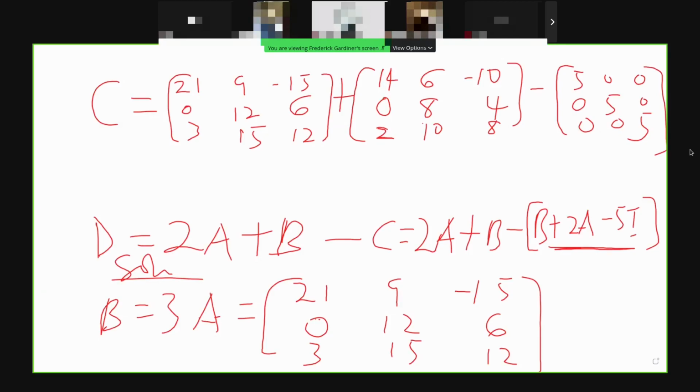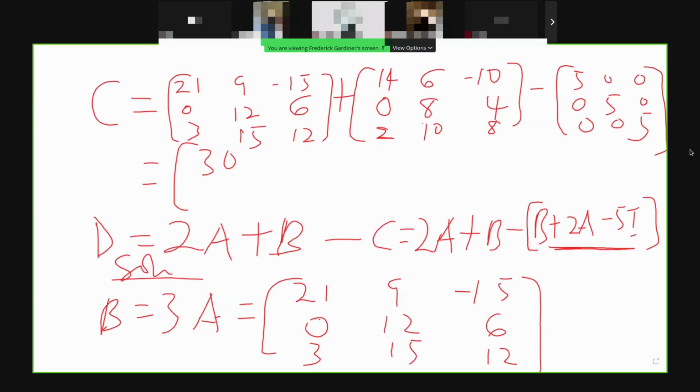So technically, we are talking about 21 plus 14 minus 5. What would that give us? 21 plus 14 will give us 35, isn't it? And 35 minus 5, we have 30.